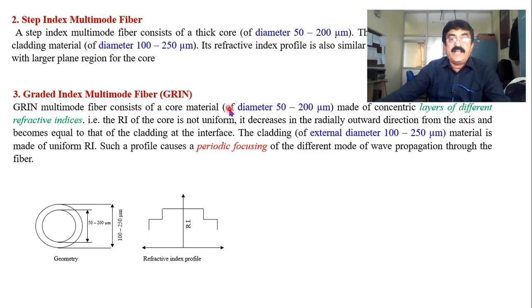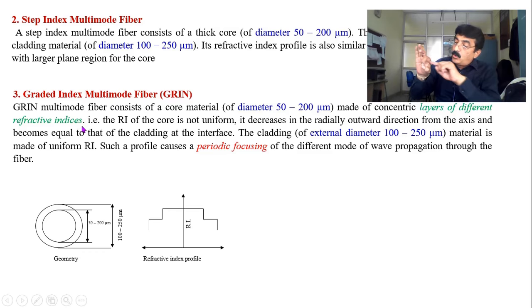In graded index, core is big, about 50 to 200. Correspondingly clad is also big, about 100 to 250. It is similar to step index multi-mode only, but the difference is core refractive index is not constant. It consists of layers of different refractive indices.